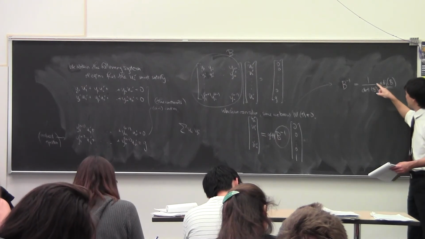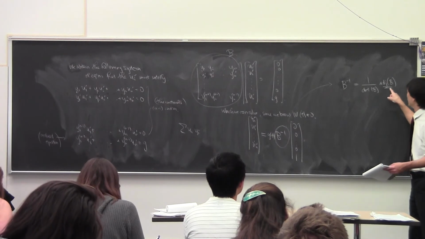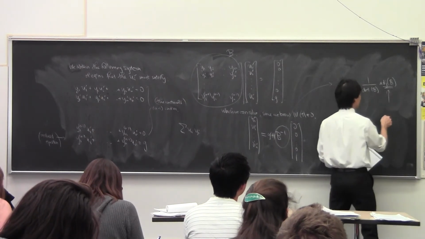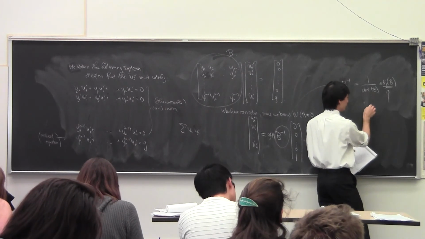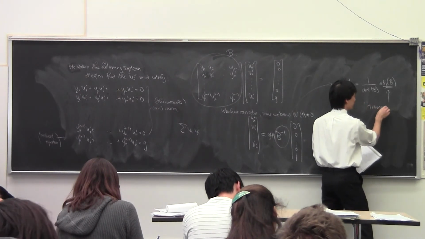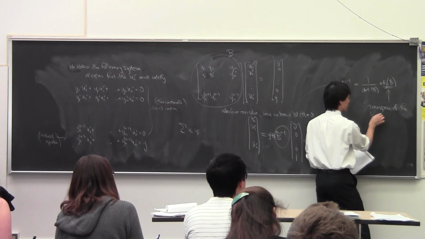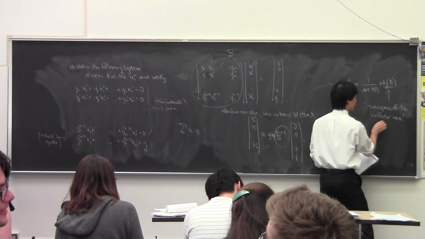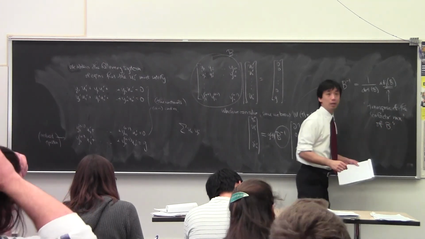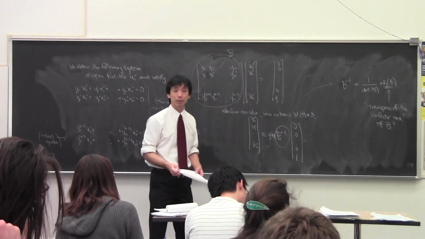It is basically the adjoint matrix times some number. The adjoint matrix is the transpose of the cofactor matrix of B. And that's what we're going to use to finish this up.